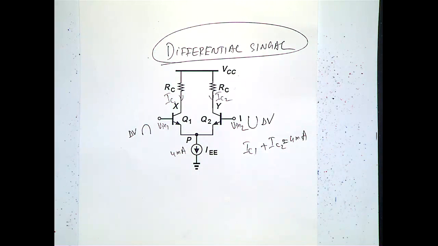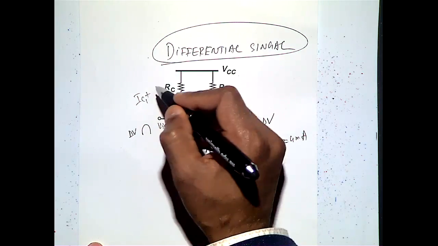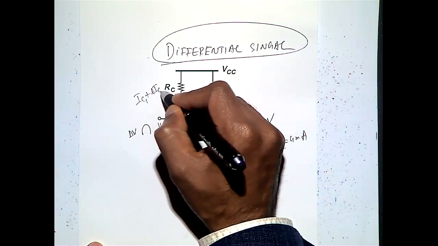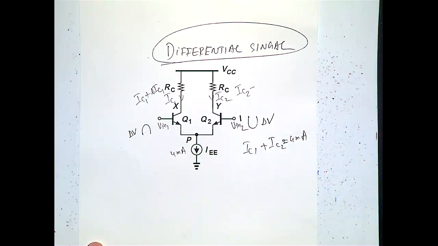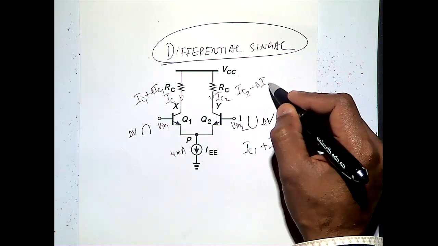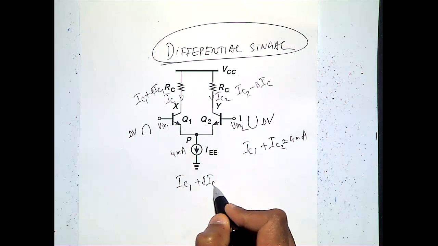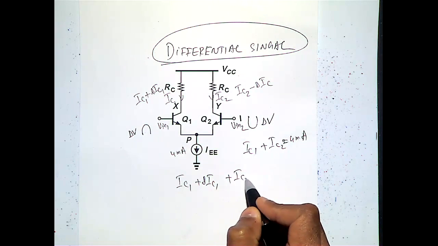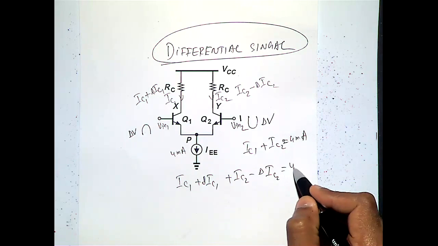Here, as you increase delta V, the current will become IC1 plus delta IC1. So what will IC2 become? IC2 will become IC2 minus delta IC1. In that case it is fine, because IC1 plus delta IC1 plus IC2 minus delta IC2 is equal to 4 milliamps.